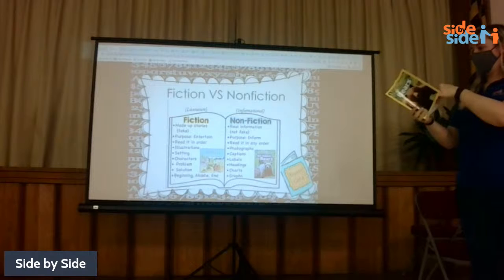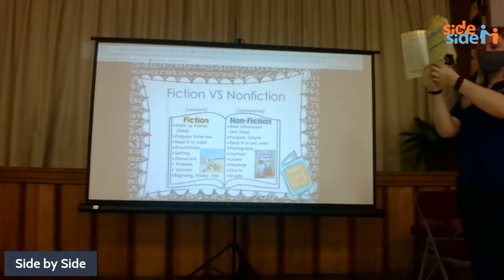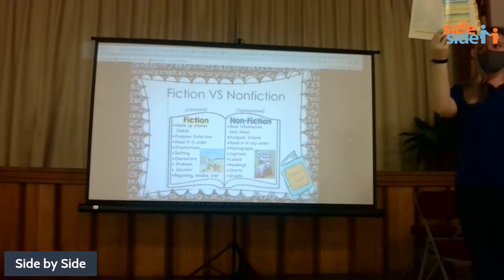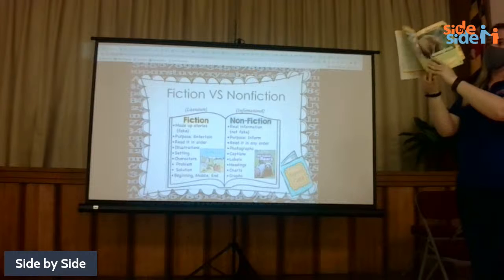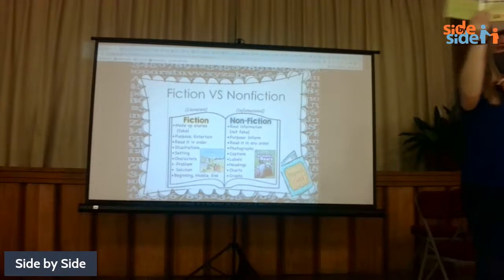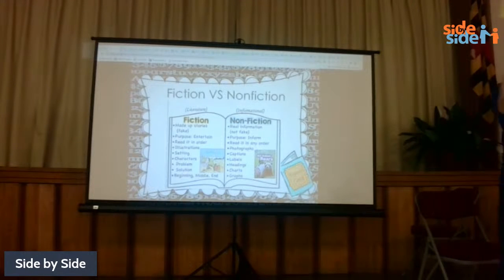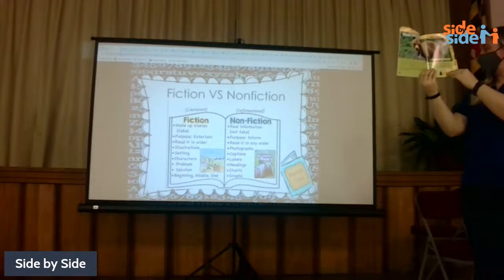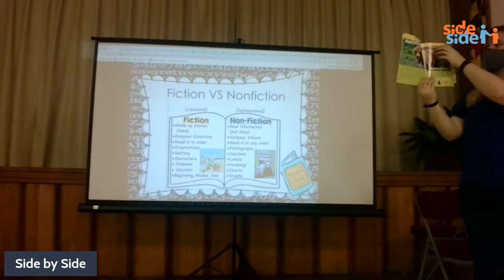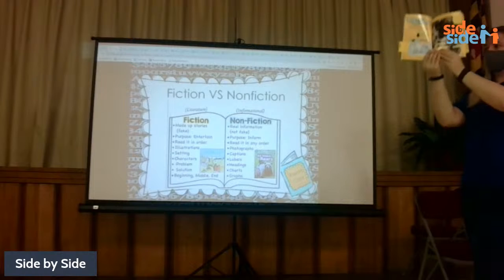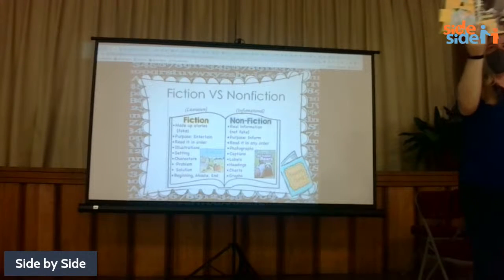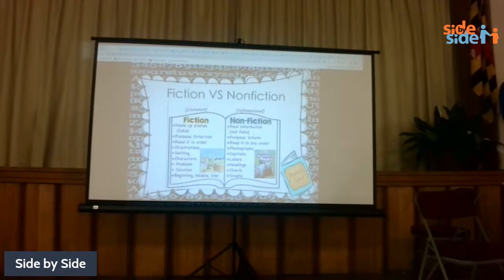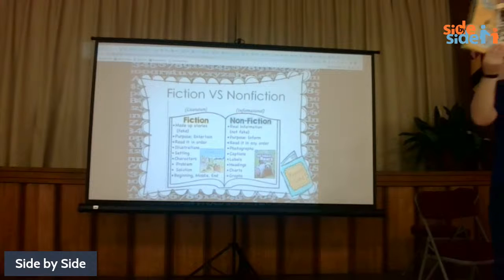It can be in sporadic orders. There are usually photographs, which is what makes it different. Some fiction stories have photographs in them, but they're usually illustrations. An illustration is someone who drew the picture. A photograph is like a picture of you or I with a real animal in it. That's usually a key that tells you it's an informational text.